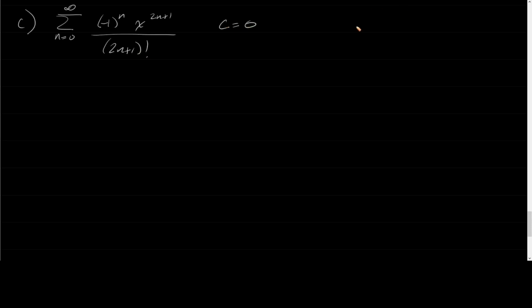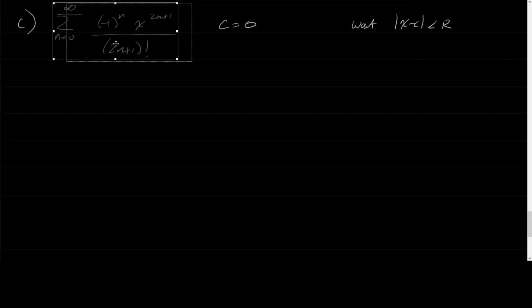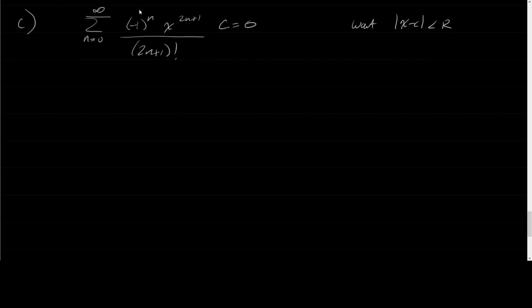We want the absolute value of x minus c to be less than r. Recall, when we're looking for the radius of convergence, if we think of this as a function, we're really asking what its domain is. Since it's centered at 0, we want the absolute value of x less than r, and we want to figure out what that r is.